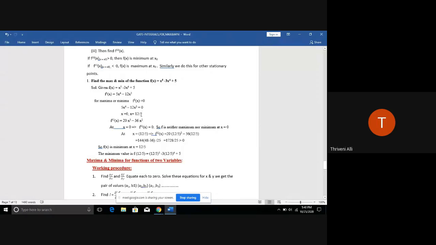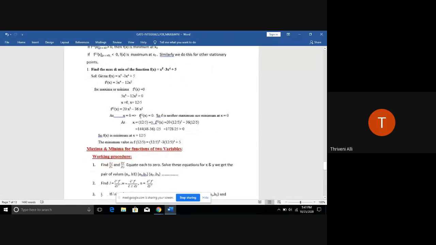f double dash of x equal to, again we have to differentiate, that is 20x cube minus 36x square. We got two x values. At x equal to 0, f double dash of x is 0. So at x equal to 0, the function has neither a maximum nor a minimum. At x equal to 12 by 5, f double dash of x has some positive value, which is greater than 0.